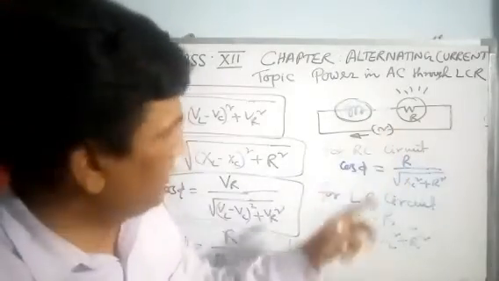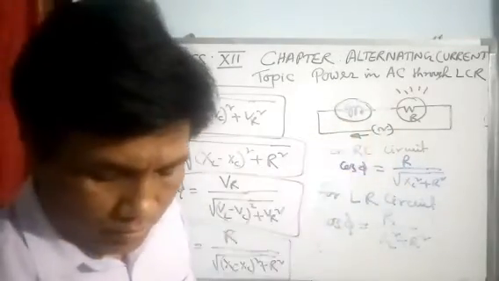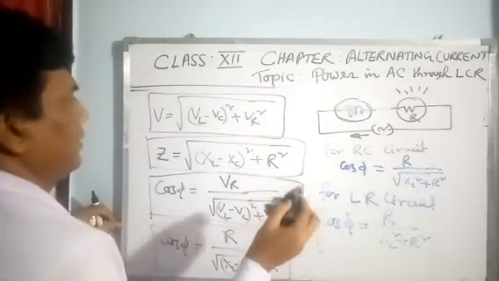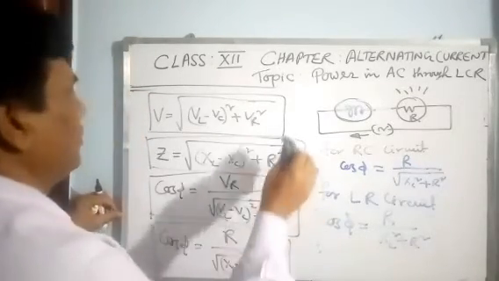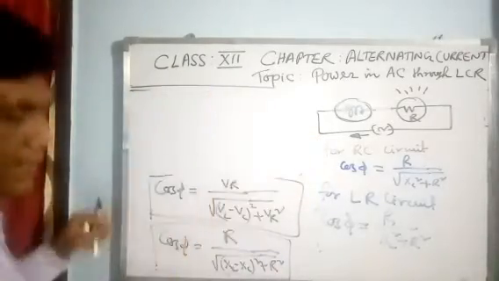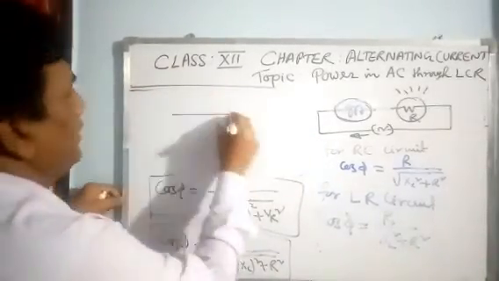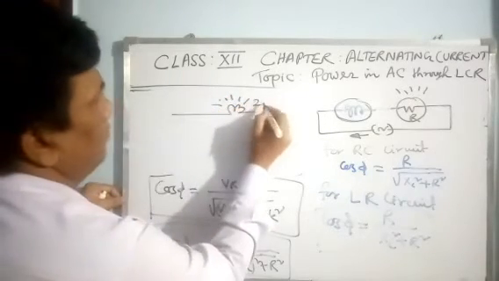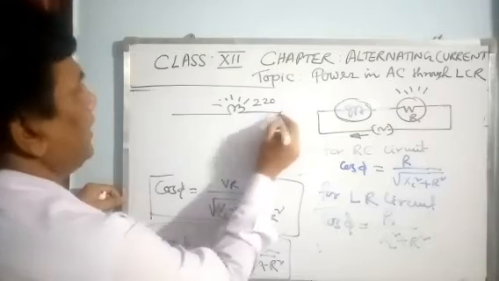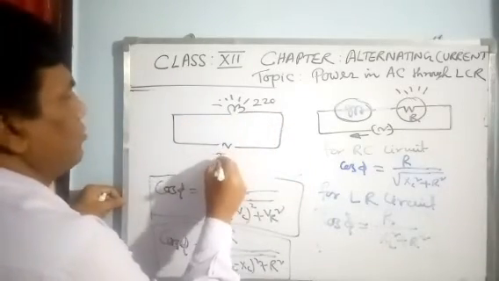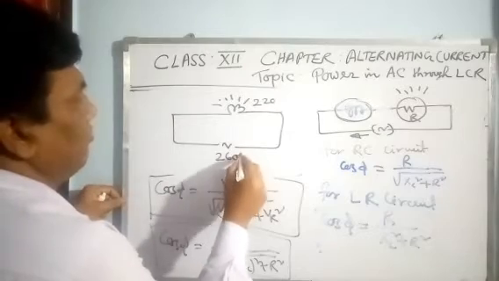This type of circuit is useful in our day-to-day life. Why is this type of circuit useful? I am going to explain this thing. Say you have a bulb which operates at 220 volt, but you have a source of say 260 volt.